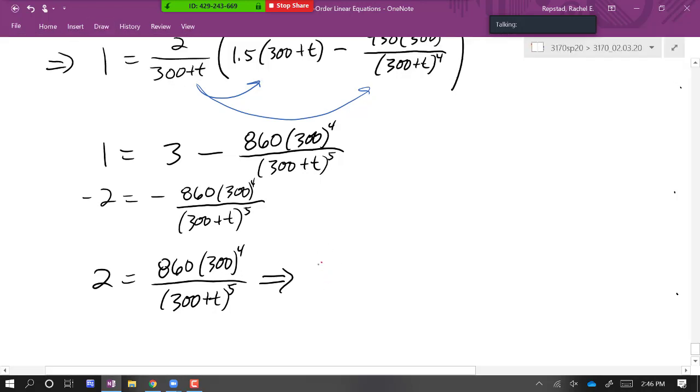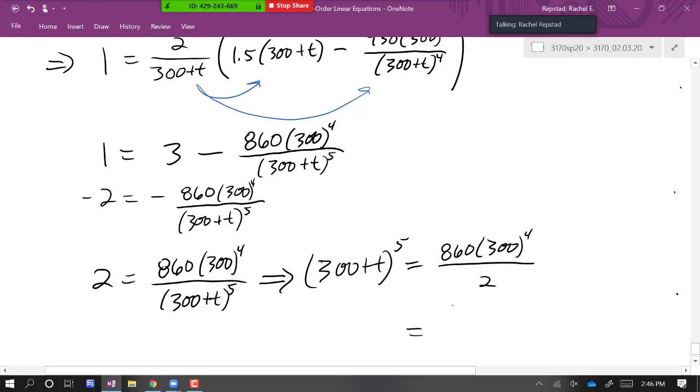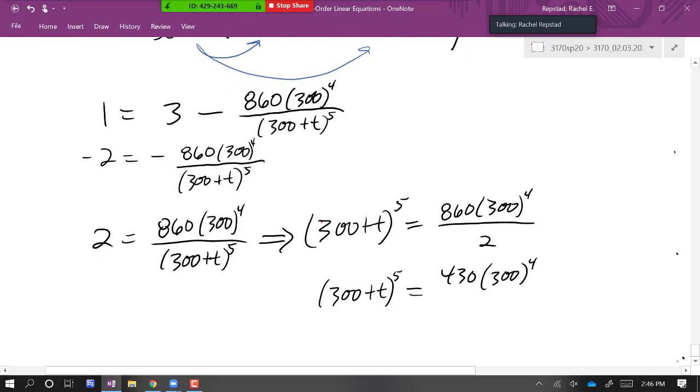That'll give us 300 plus t to the fifth equal to 860 times 300 to the fourth power over 2, or 430. Now it's not too bad. We're just going to take the fifth root and subtract 300.